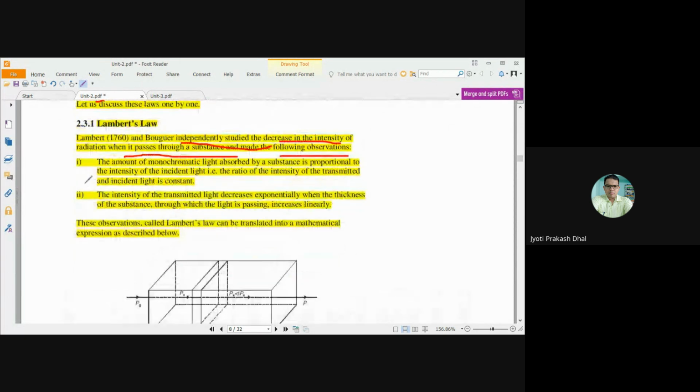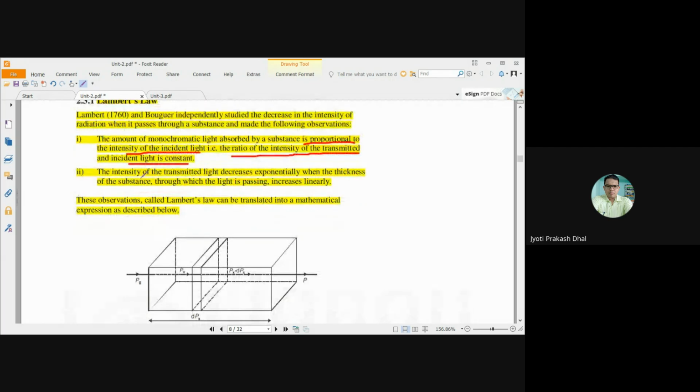The first observation: the amount of monochromatic light absorbed by the substance is proportional to the intensity of the incident light, that is, the ratio of the intensity of the transmitted and incident light is constant.